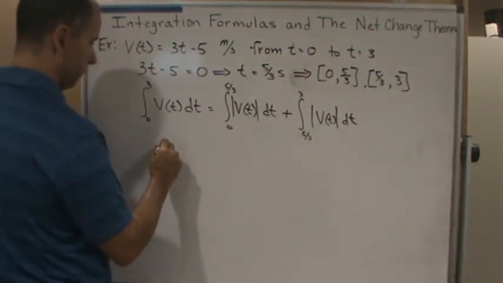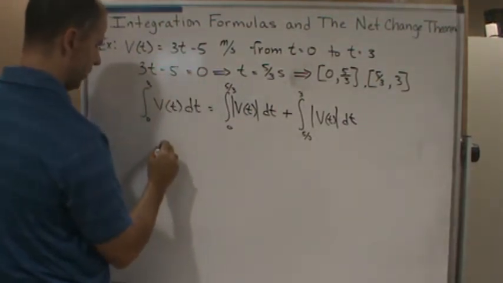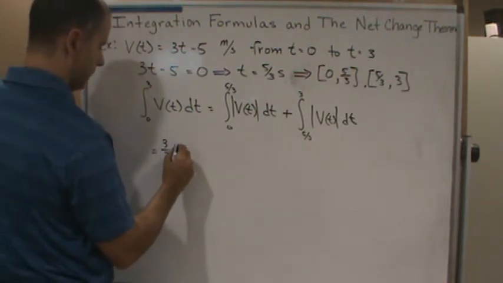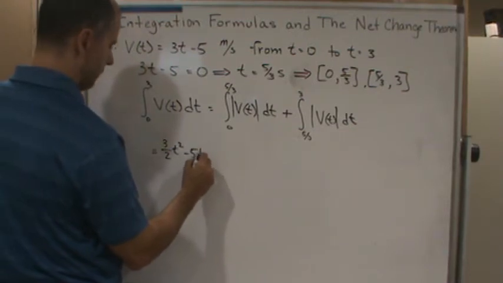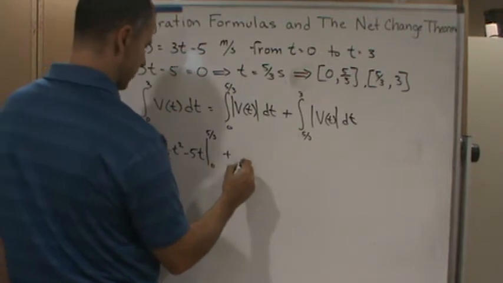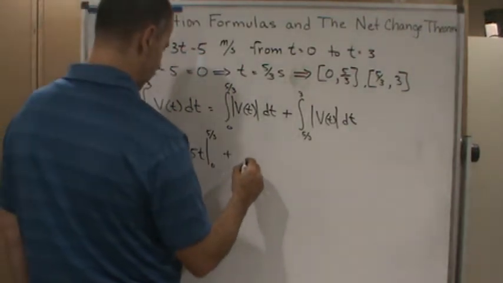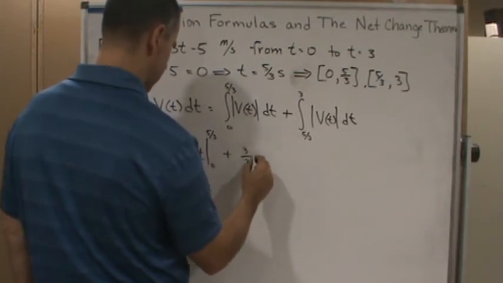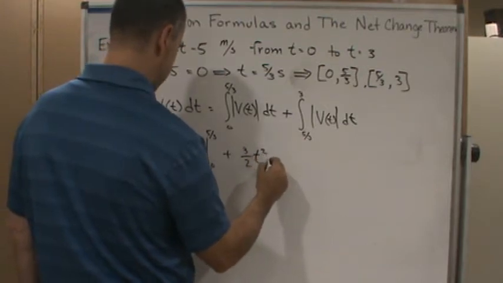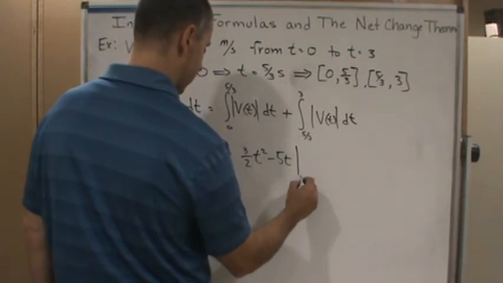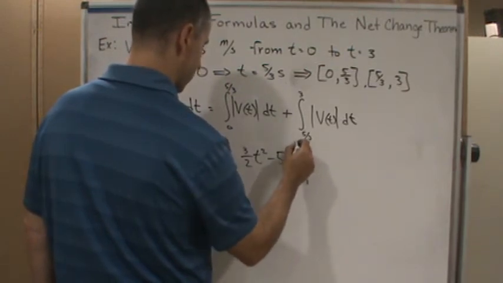Again, this is going to be 3/2 t squared minus 5t evaluated from 0 to 5/3 plus 3/2 t squared minus 5t evaluated from 5/3 to 3.